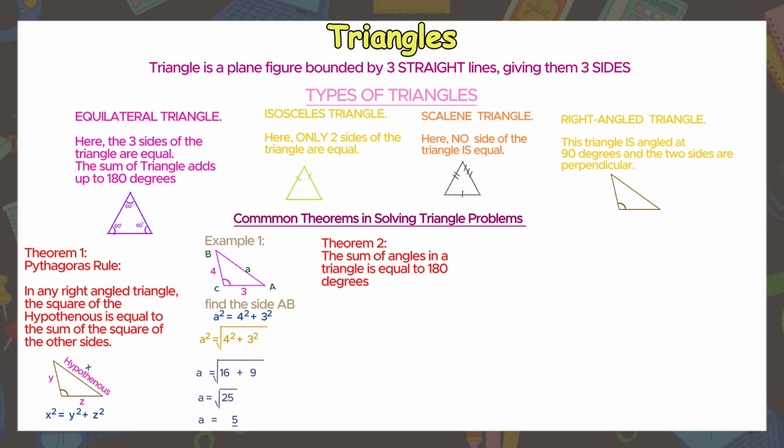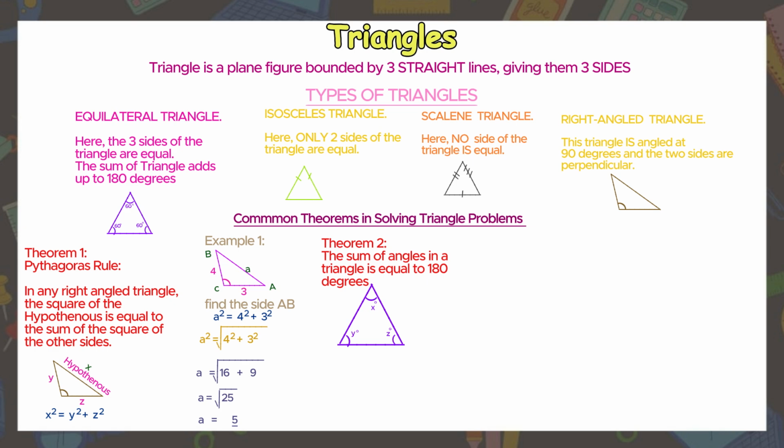What do I mean by that? That means that if we have something like this, for example, with the angles inside, let's say this place is x, this place is y, this place is z.